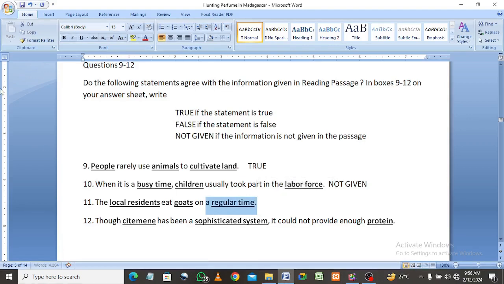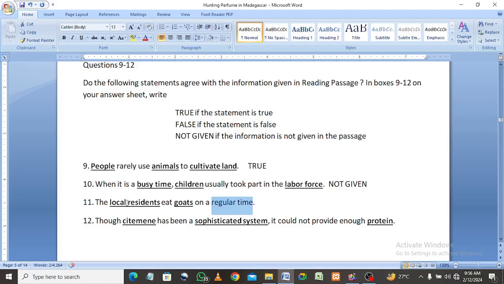So our scanning keywords here are local resident and goat. So the target keyword here is what? Regular time. They must eat goat on regular time if it is true. If it is not on regular time, it becomes false.